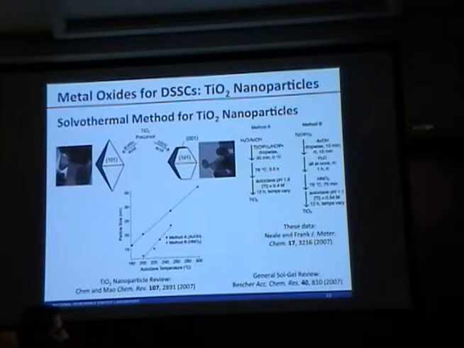You end up with a nice linear correlation between your particle size and your autoclave temperature. And so that gave us, along with a number of other studies, some confidence that we had particles that were reproducible and simply varied in size and not other properties.